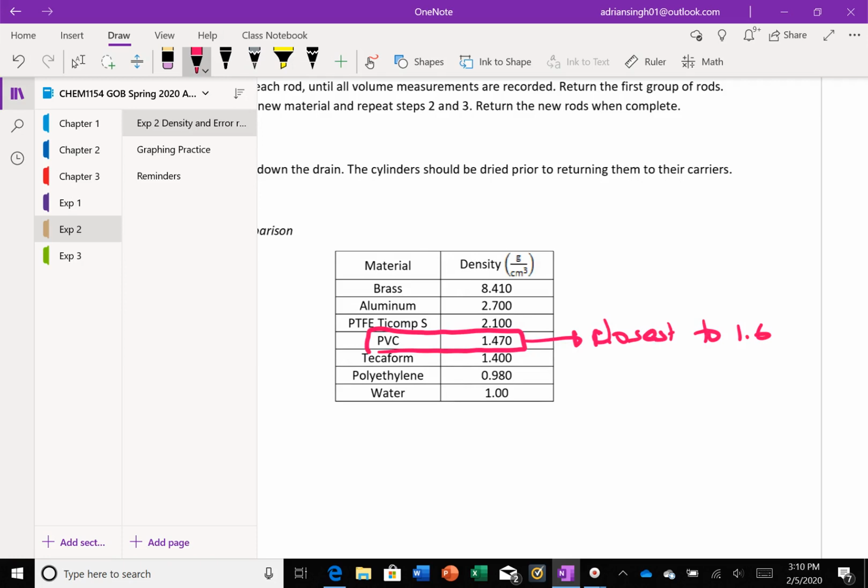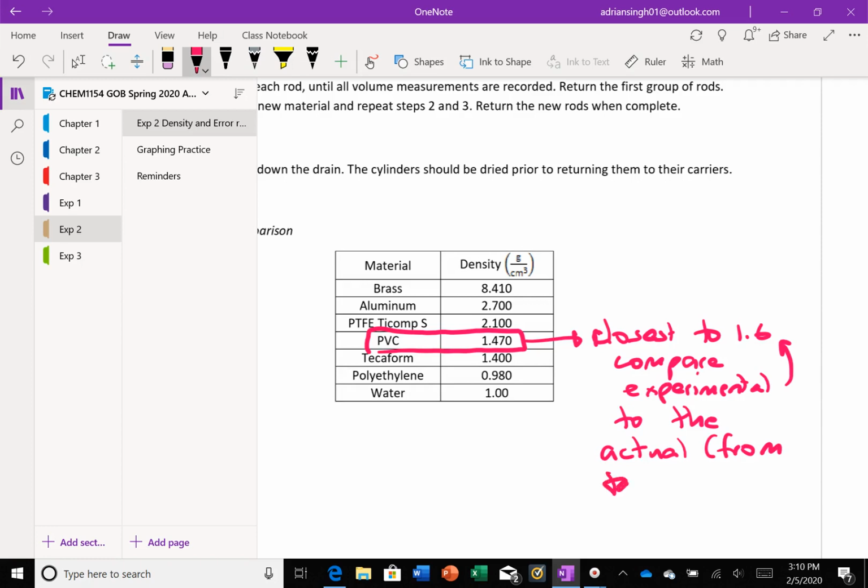So we can then compare your experimental value, which is 1.6, to the actual, which is from the table, and the actual value would be 1.470.